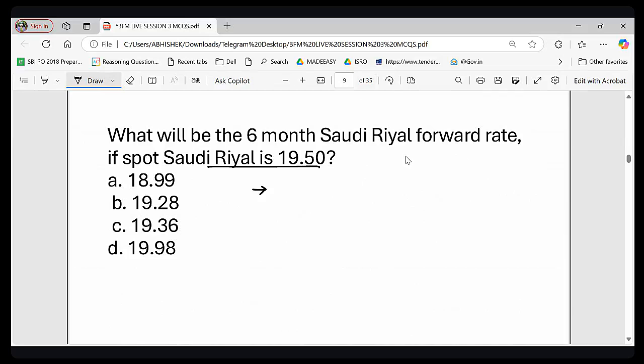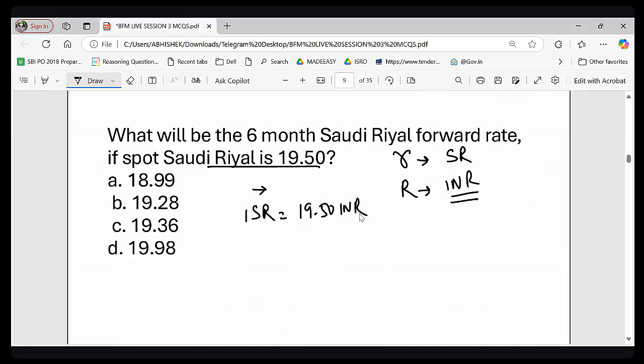So suppose small r is the rate for Saudi Riyal and capital R is the rate for INR, right? I'm simplifying the formula for you. One Saudi Riyal is equal to 19.50 INR.